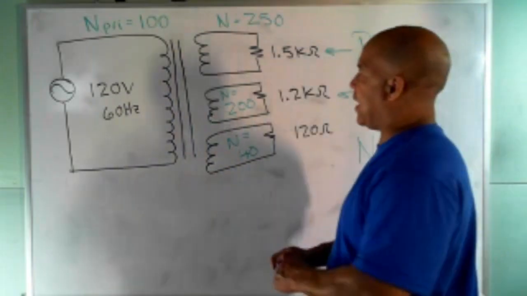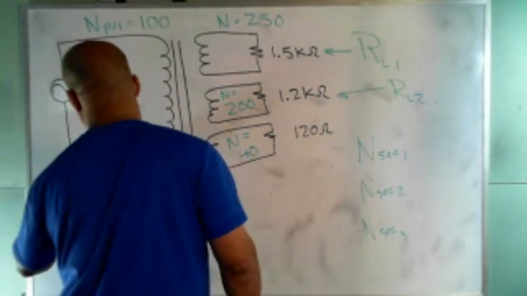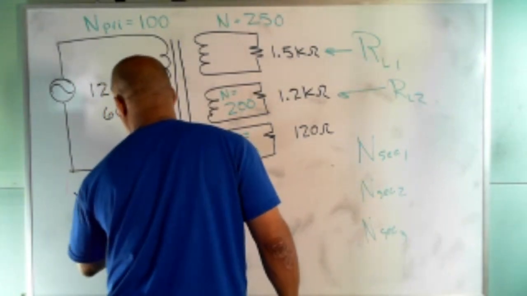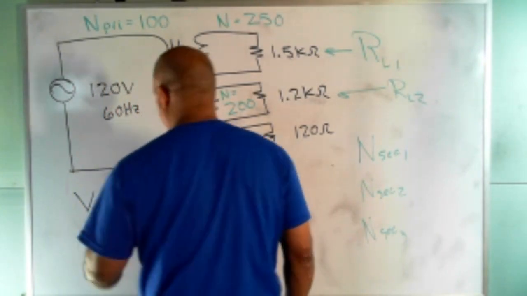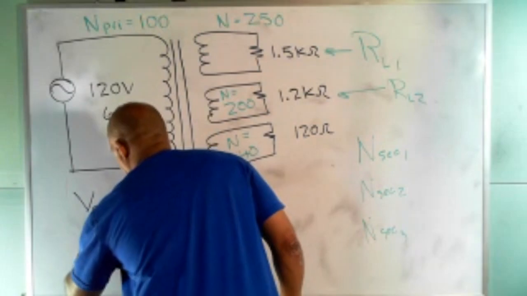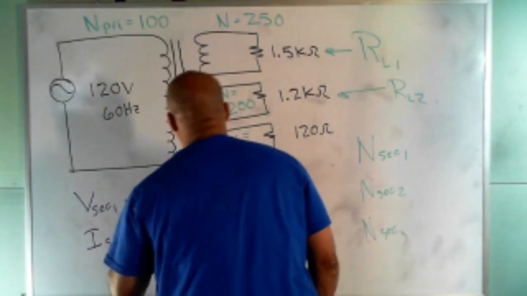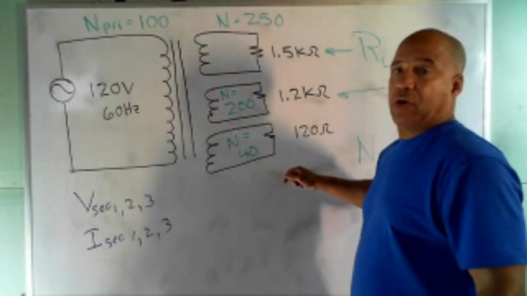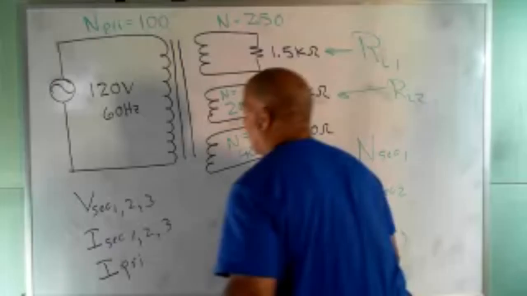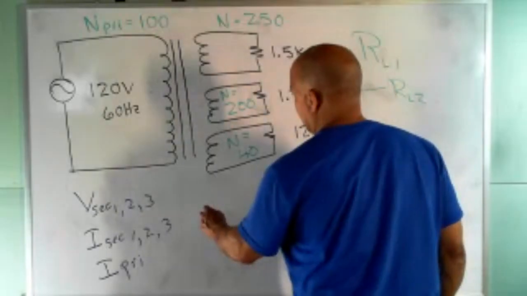You want to find V sec 1, 2, and 3, so find all the secondary coil voltages. You want to find I sec 1, 2, 3, so find the current in all of these coils. You want to find I primary, so find the current over here in the primary coil.